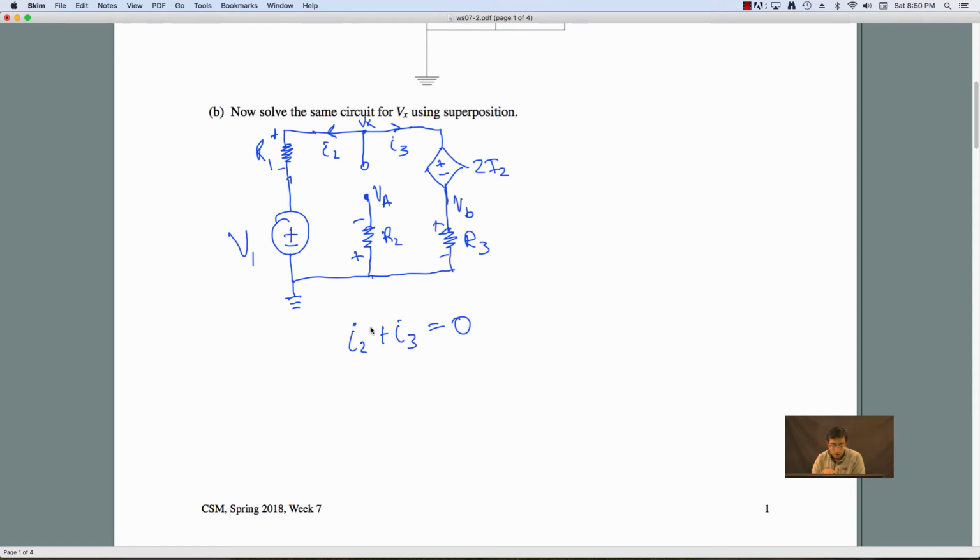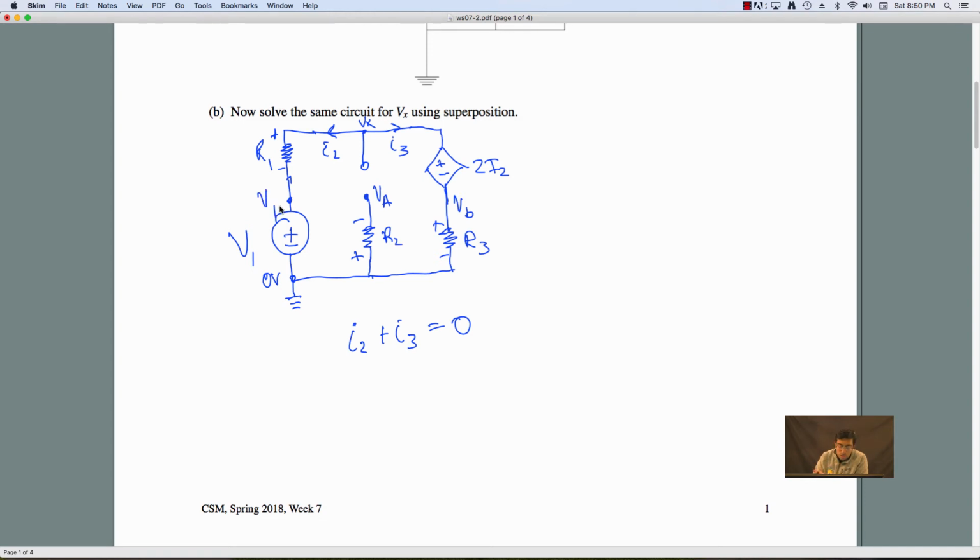Okay, so again, we have some I2 and I3 that we don't know what they are, and so we want to try to rewrite it in terms of other things. And again, we will be employing similar tactics such as Ohm's law and more KCL. So just to reiterate, we have this node grounded, so this is still 0 volts. And again, how voltage sources work is that this will be V1.